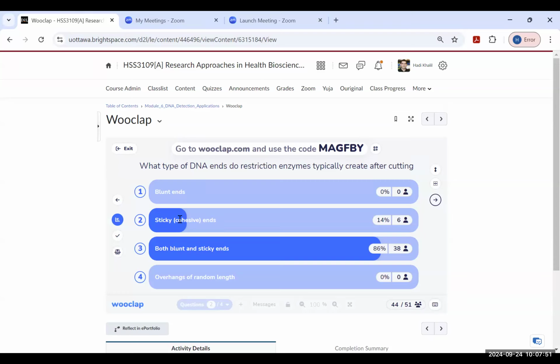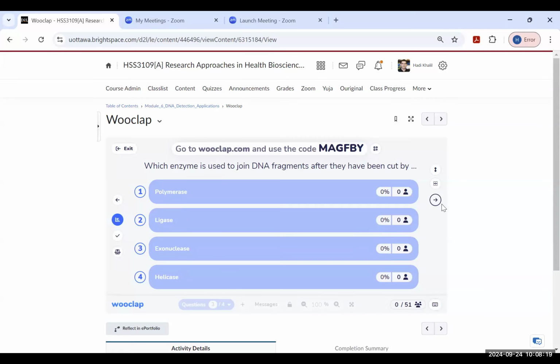Yes, the cohesive ends are more known, and there are many more cohesive-end-cutting restriction enzymes compared to blunt-end ones. But the question is about restriction enzymes, so be careful when you're reading the question. I will try to make the questions clearer because I can see that some of you are picking the wrong answer because the question is not formulated correctly.